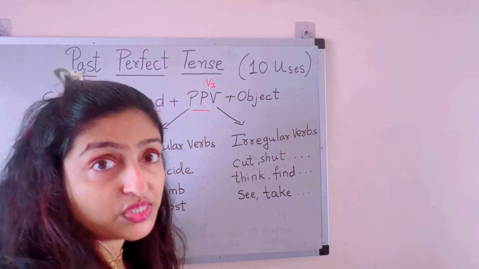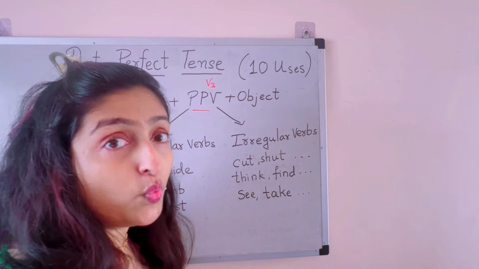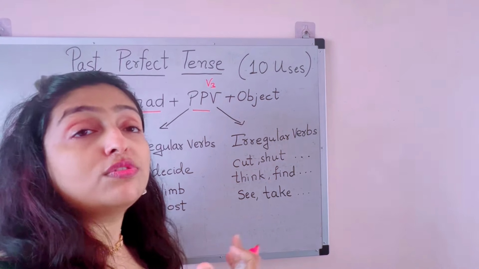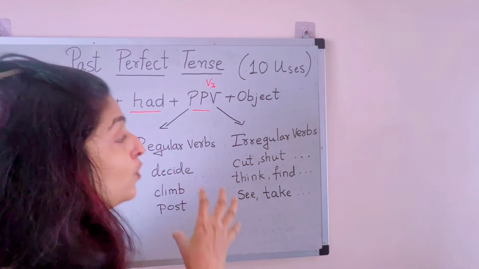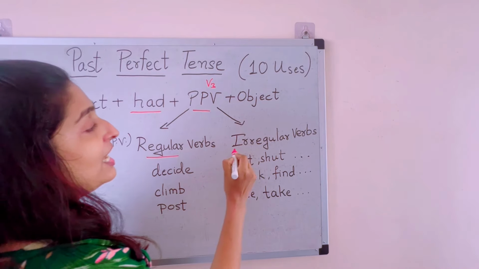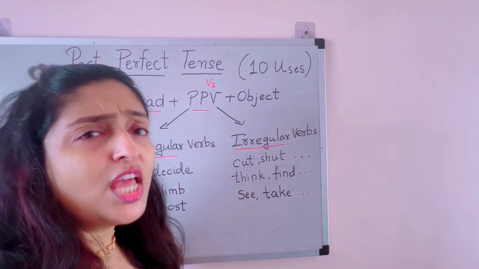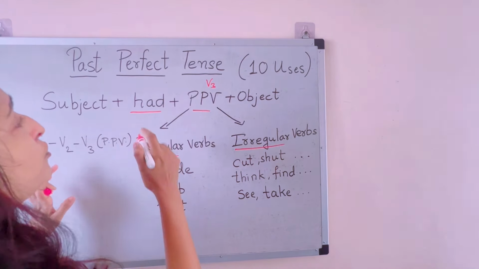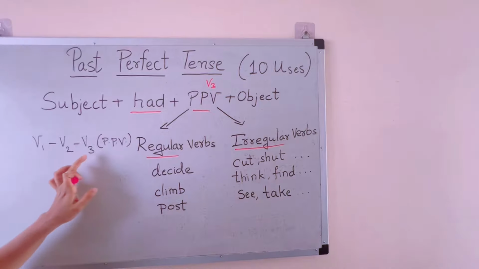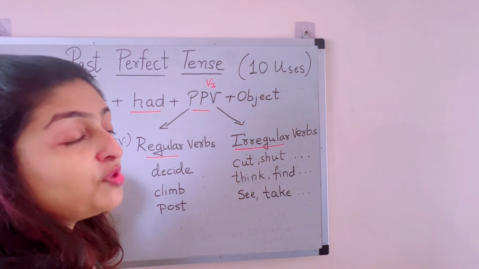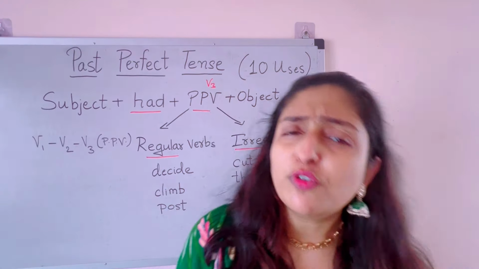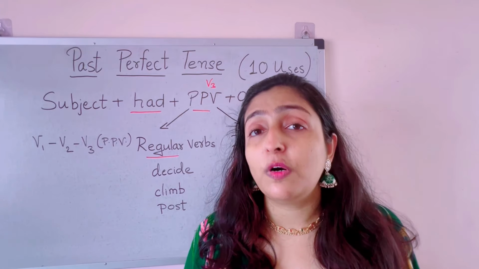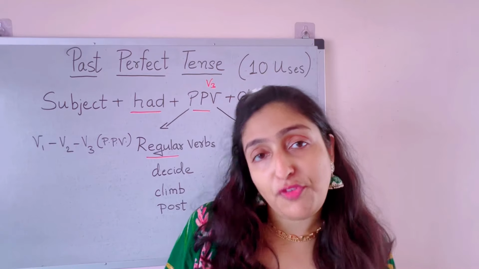For you to know V1, V2 and V3, there are two types of verbs, regular verbs and irregular verbs. What are regular verbs? Verbs where the V2 form and the past participle remain the same. You just need to add ed in regular verbs for V2 and V3 form.